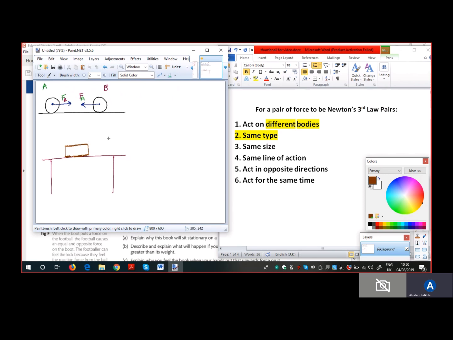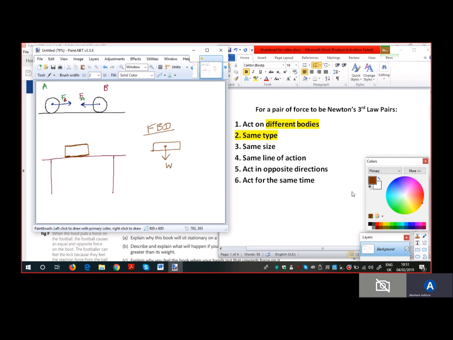Now, if you draw a free body force diagram for the book, you have to draw only the forces acting on the book. I will first draw the free body force diagram, FBD, for the book. What are the forces acting on the book? One is the weight, exerted by the earth on the book.